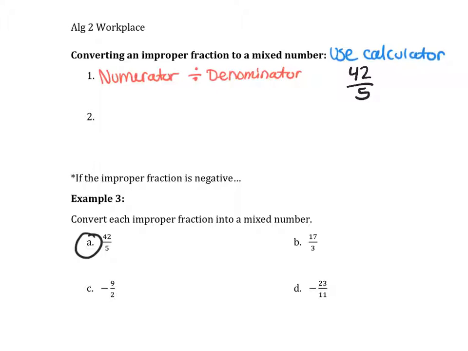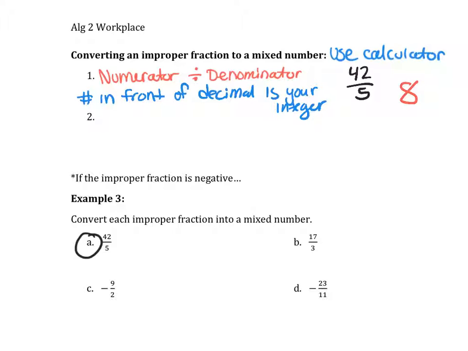So that 8, the number in front of the decimal, is your integer, or it's the number next to the fraction. Okay, so that's how you get your integer.